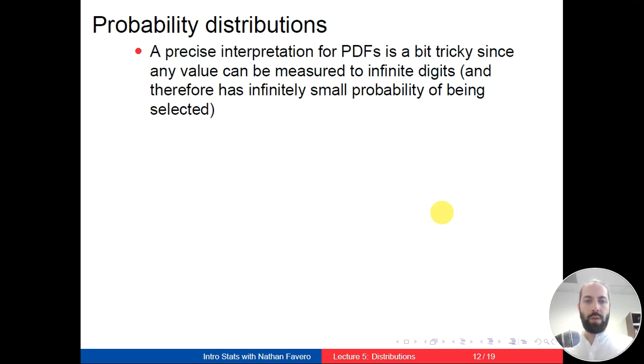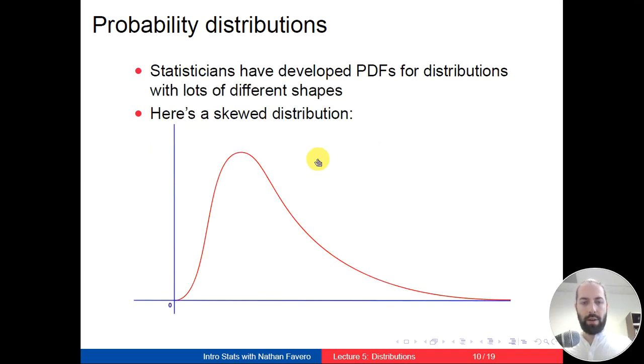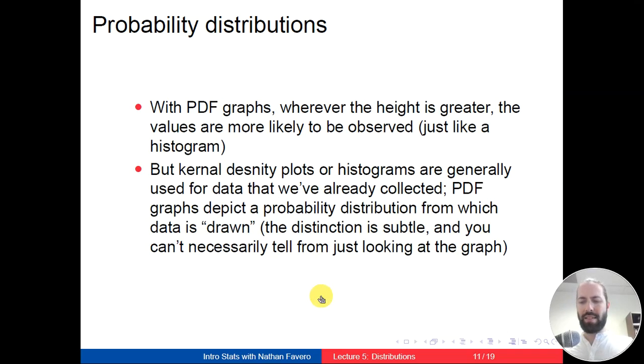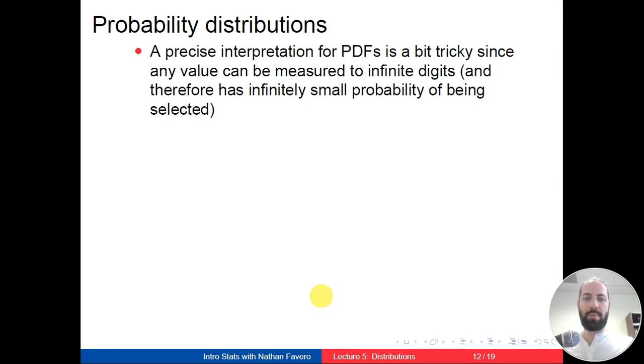All right. Like I said, there's a lot of math that goes into this, and part of the reason is that when we look at a graph like this, it's assuming that we could have an infinite level of precision when we measure our values, right? And so that's going to make the math a little bit complicated.